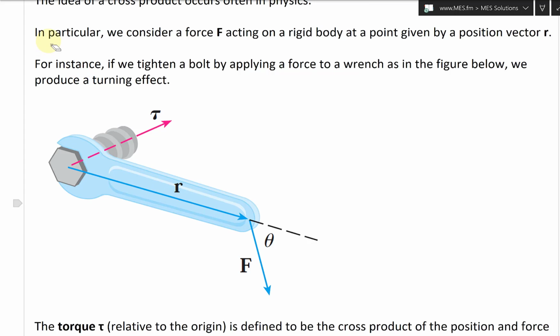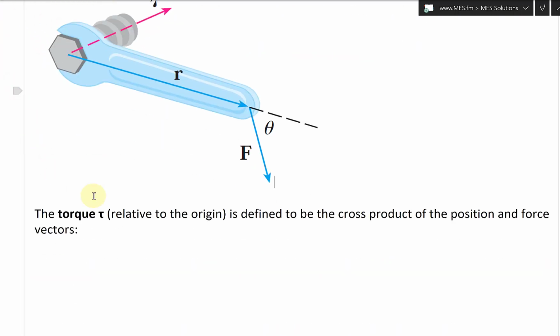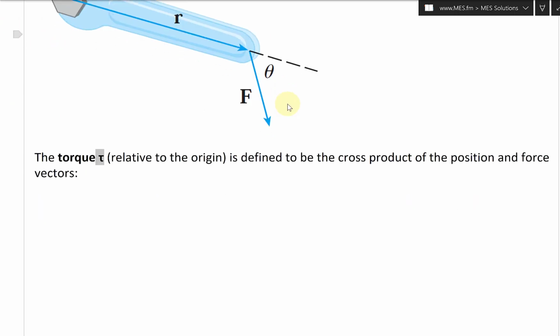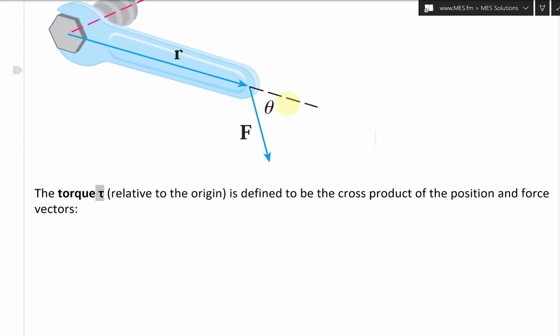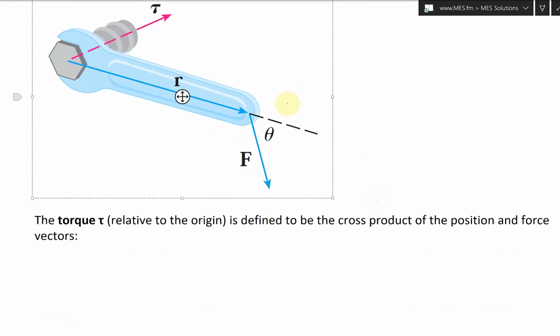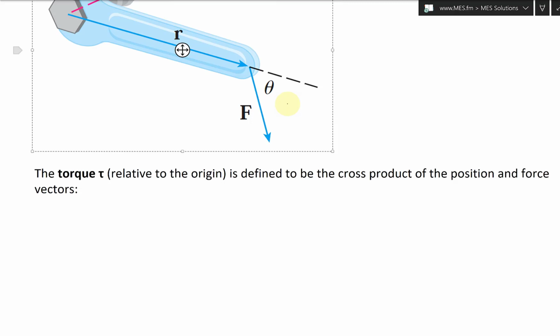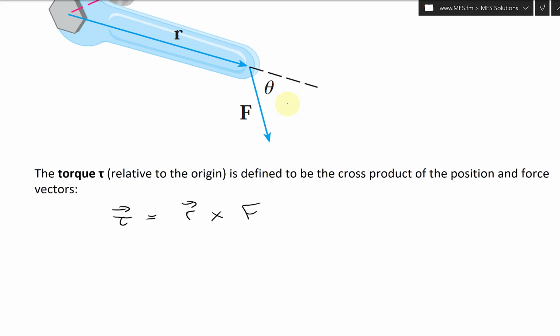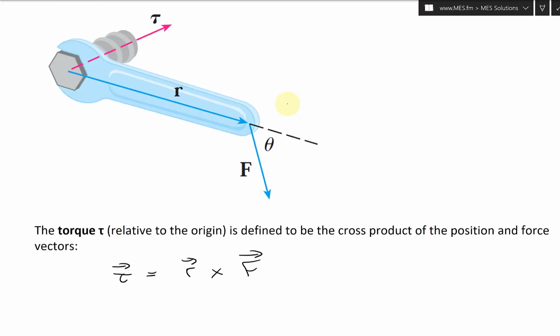The torque tau, that's the Greek letter tau, relative to the origin is defined by the cross product of the position and force vectors. So the torque, using the right hand rule, is going to be equal to the r position vector cross the force vector, like that.